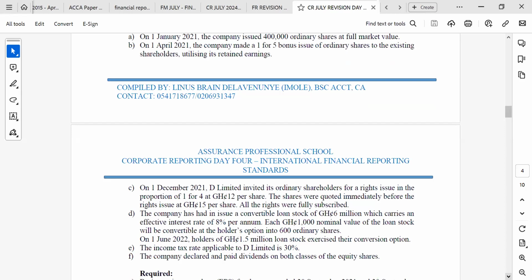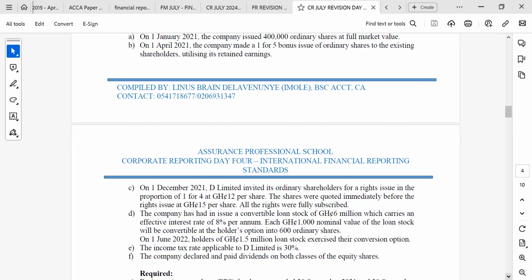On 1st June 2022, holders of 1.5 million loan stock exercised their conversion option. E, the income tax rate applicable to D Limited is 30%.